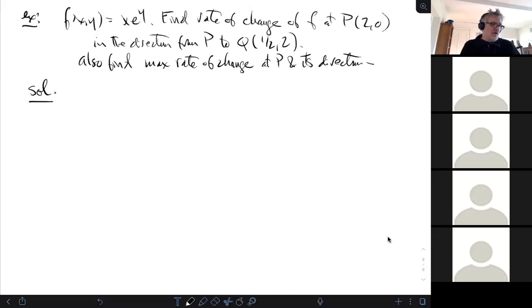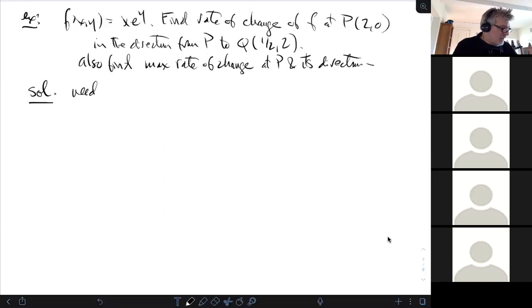So we're given the direction from a point P to a point Q. What I want, obviously, is a unit vector pointing in that direction. I need a unit vector in the direction from P to Q.